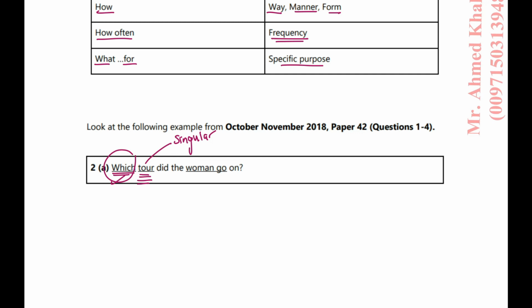If you went back to November 2018 paper 42, it was the history tour. Candidates can choose to write the history tour. Or you can say the history one, using the back reference, if you still remember.